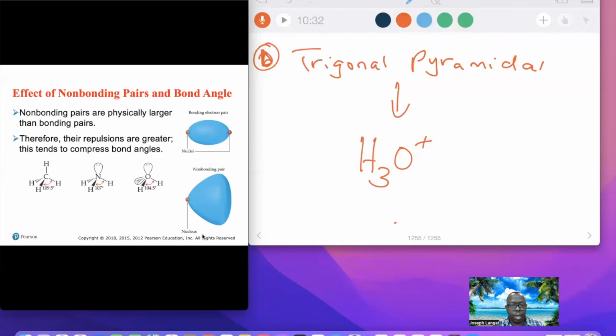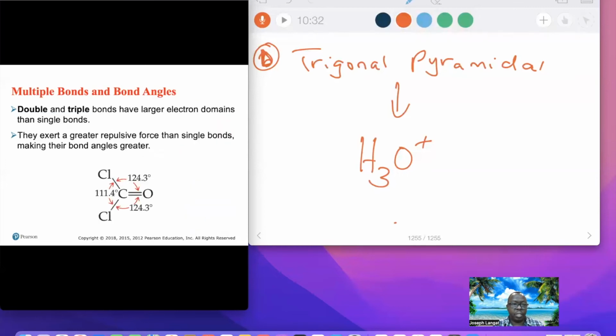So non-bonding pairs have an effect on the bonding electrons. It's the same thing with the double bond and the triple bond, the electrons on the double bond and the single bond also do some repulsion. Look at the electrons on the double bond, they tend to squeeze these electrons, affecting this bond angle.